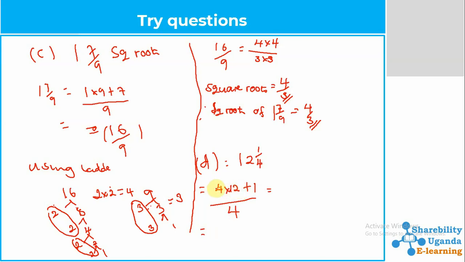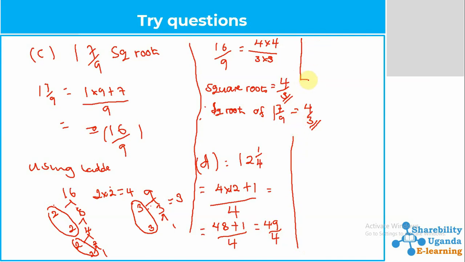Then 1 times 4, which is 4. So this is going to be 48, 48 plus 1 out of 4, where this is still the same as 49 out of 4.